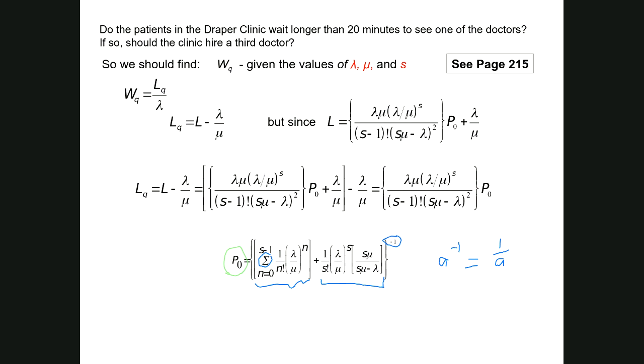And remember that this term here is L sub Q, not L sub G, L sub Q. Once we calculate P sub 0, we're going to substitute that into this equation and calculate L sub Q. Then once we calculate L sub Q, we're going to go back and put that in this equation, and we're going to end up with W sub Q, and then you're going to use W sub Q to answer this first question, whether W sub Q is longer than 20 minutes. So that's the process that we're going to follow.